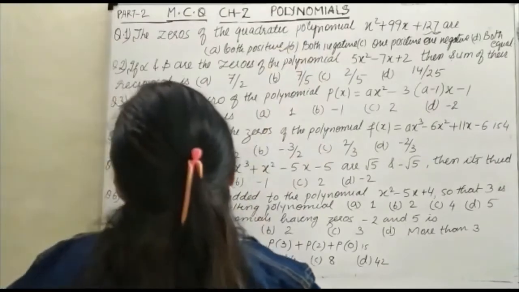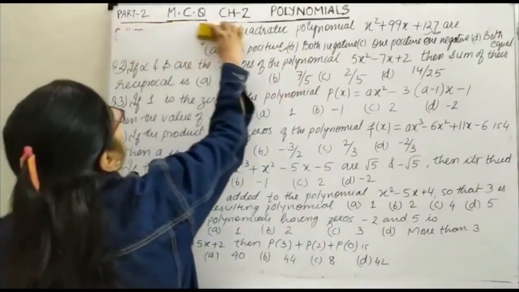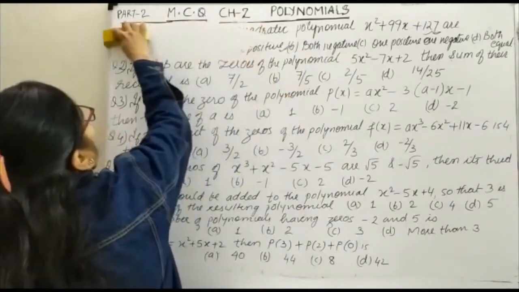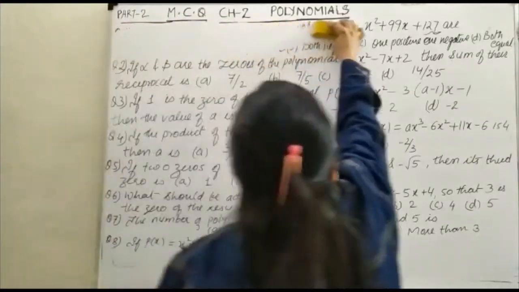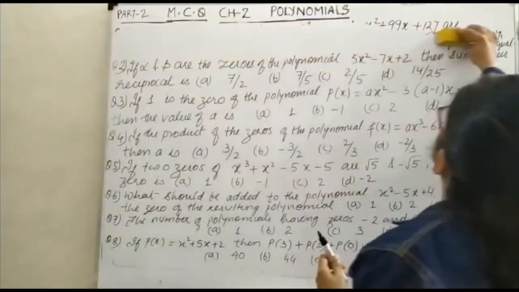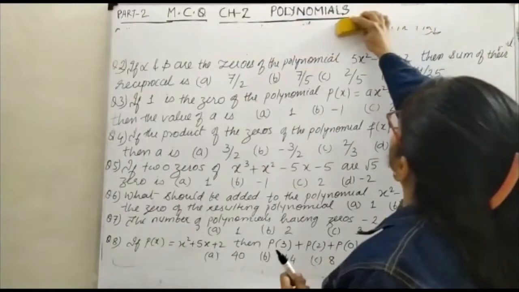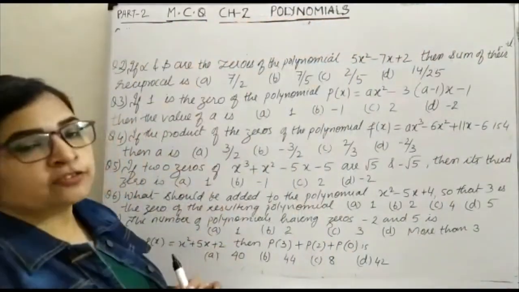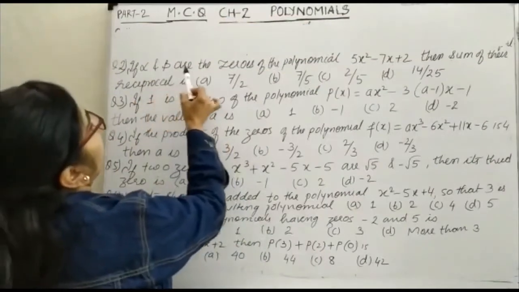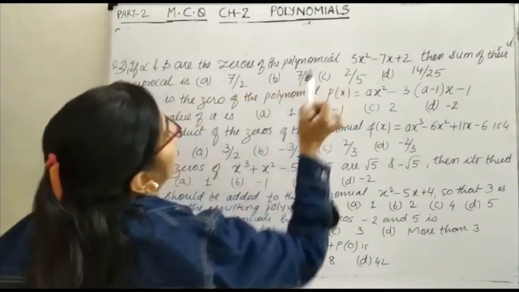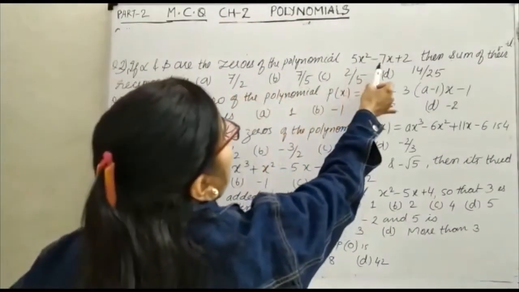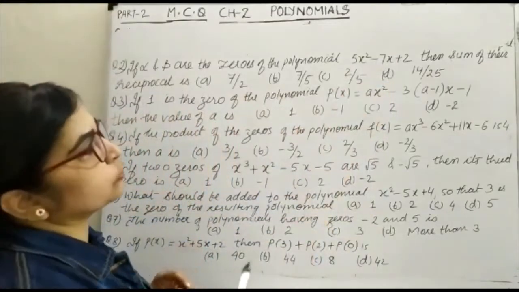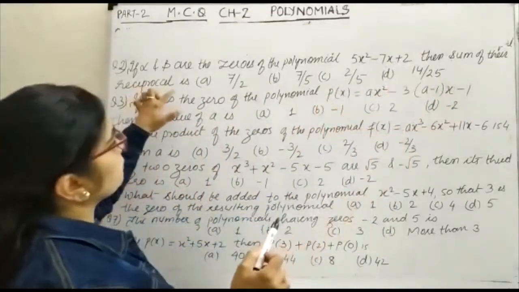Now coming to the second question. You can see here your second question: if alpha and beta are the zeros of the polynomial 5x square minus 7x plus 2, then the sum of their reciprocals.